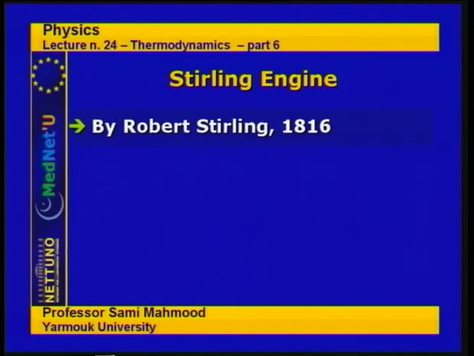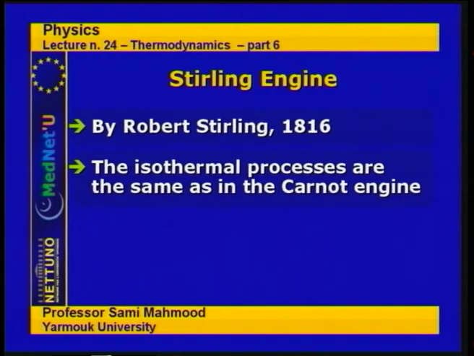And as an example of machines, of thermal engines, we have the Stirling engine. The Stirling engine is an engine constructed by Robert Stirling in 1816. It's constructed as a real engine.